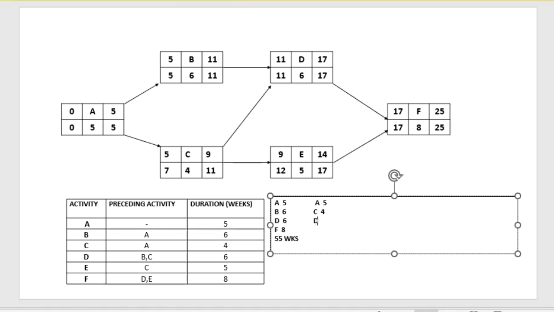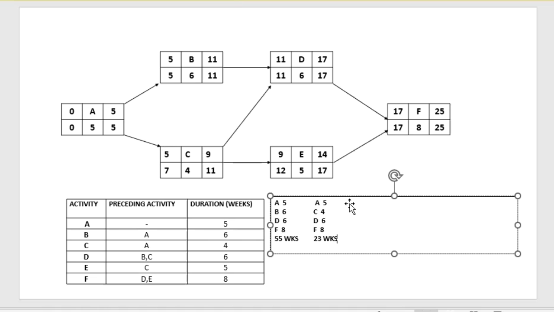D is 6 weeks. F is 8 weeks. How many weeks is that? That's 23 weeks. Good.